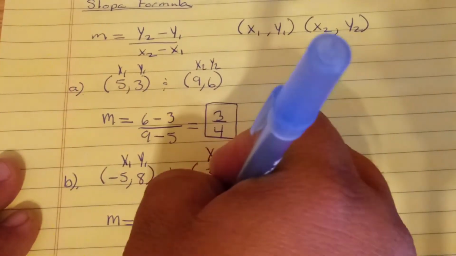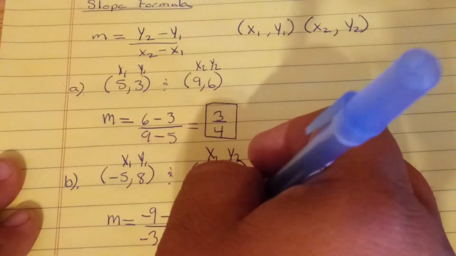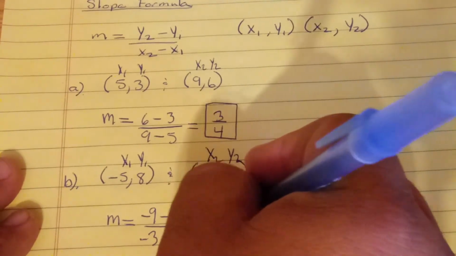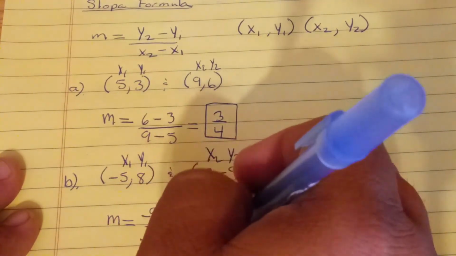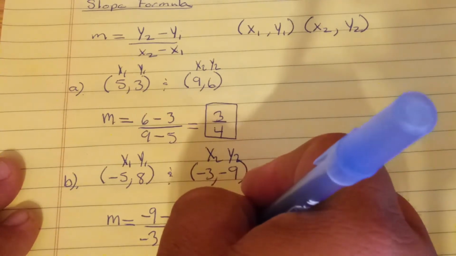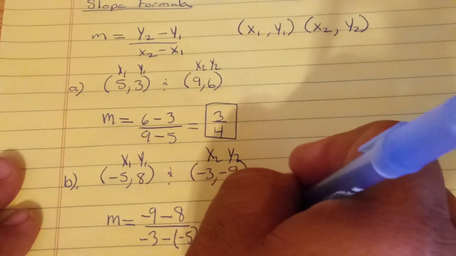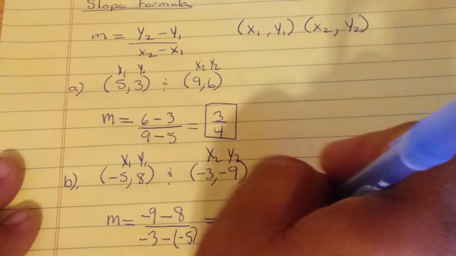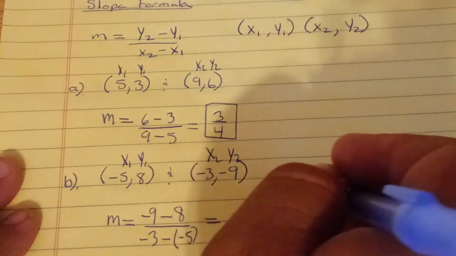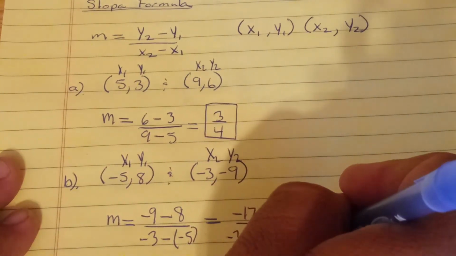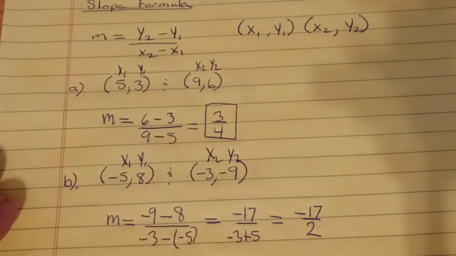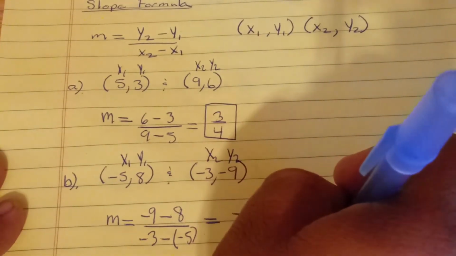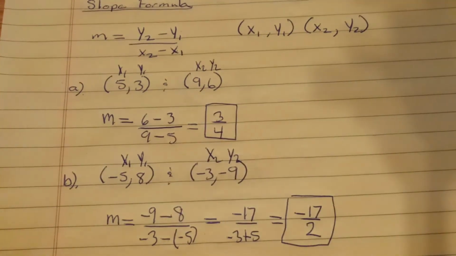So we're going to go ahead and subtract these two. Negative 9 minus 8, that'll give you negative 17. Here we're going to have the double negatives. So it's negative 3 plus 5. So this will be negative 17 over, and you subtract these two, keep the sign of the larger one, positive 2. So your slope here is negative 17 over 2. So it's said to have a negative slope.